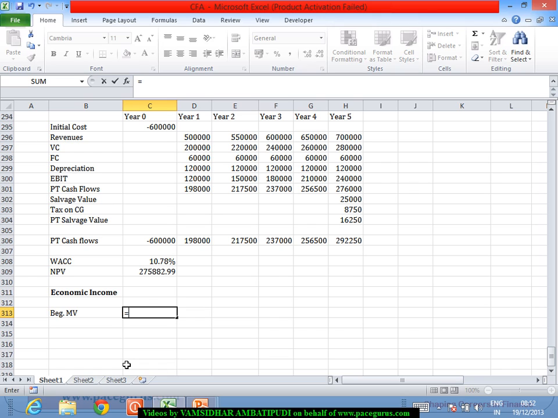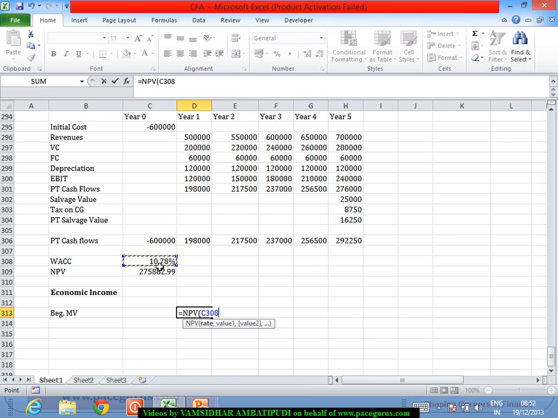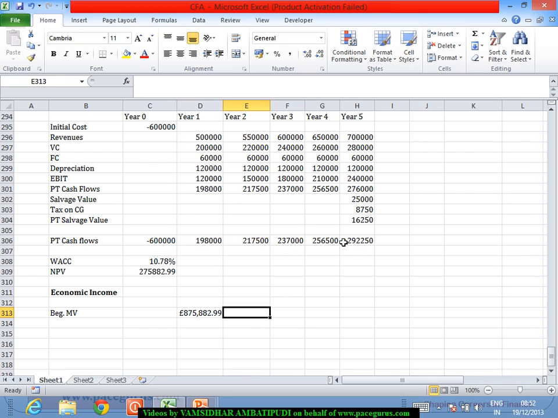In this case I can say the NPV for all the future years, these 5 future cash flows, at the beginning of this year, is nothing but all the future cash flows at the rate of 10.78%. So it is coming out to 875, which is nothing but 275 plus the initial investment. So this is my beginning of the period NPV.